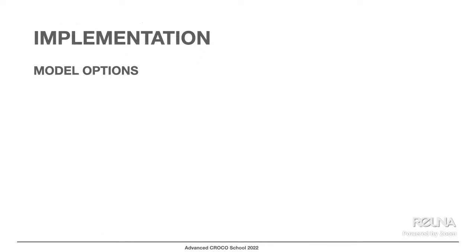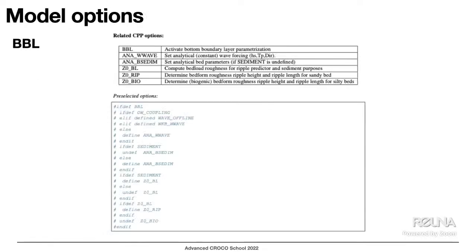In terms of model options, you have the option for BBL. It is feasible in terms of computing; the model will run with sediment if you don't activate BBL, but I don't think it makes a lot of sense because you don't have any effect of waves. With BBL, the CPP keys just call BBL. If you don't have wave input data and BBL is activated, you will have constant waves put in by the model, something like 1 meter waves with a 10-second period.